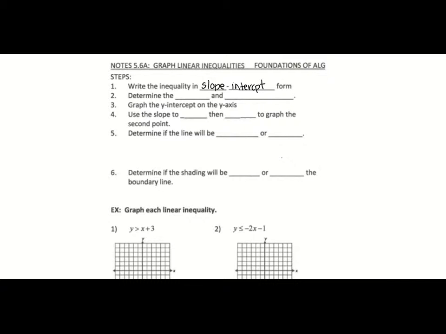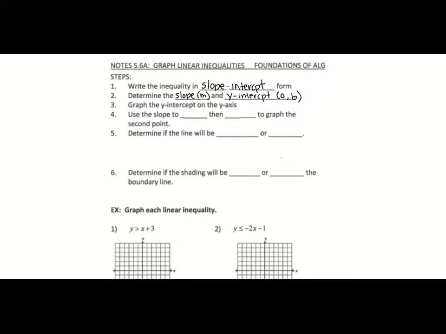Then our next step, number 2, is to determine the slope, which is our m, and the y-intercept, which is our (0, b). Once we have those, we can graph the y-intercept, that point on the y-axis, just like we were doing before.